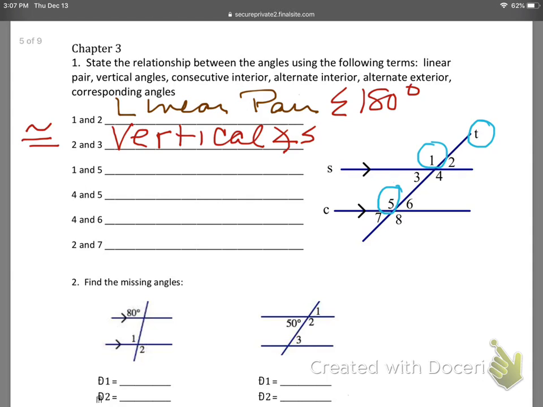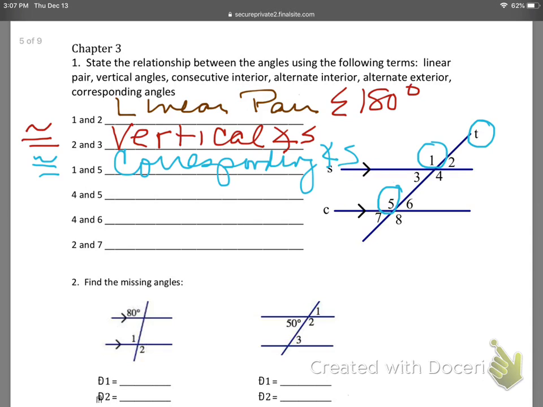If they have the same address, both to the left of the transversal and above the line, then they are corresponding angles. So we're going to write corresponding angles, and they will always be congruent. We'll write that little notation here for ourselves.